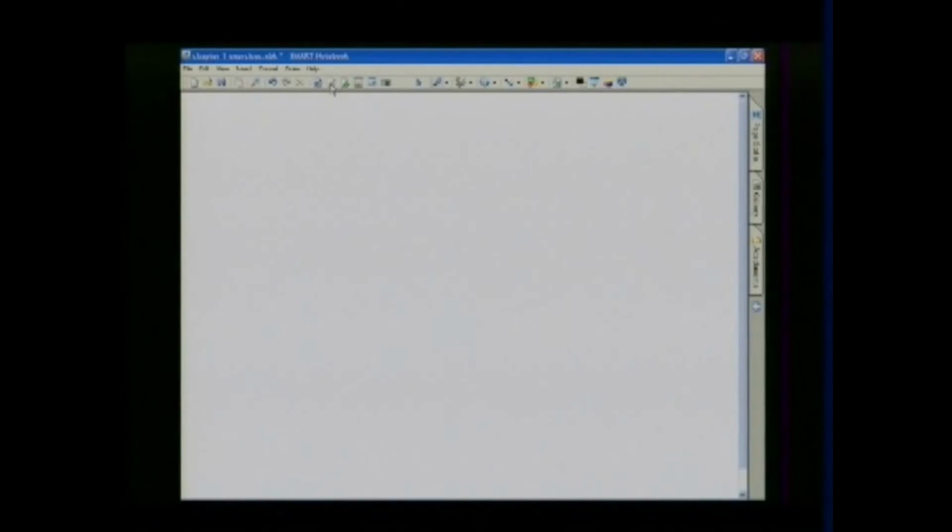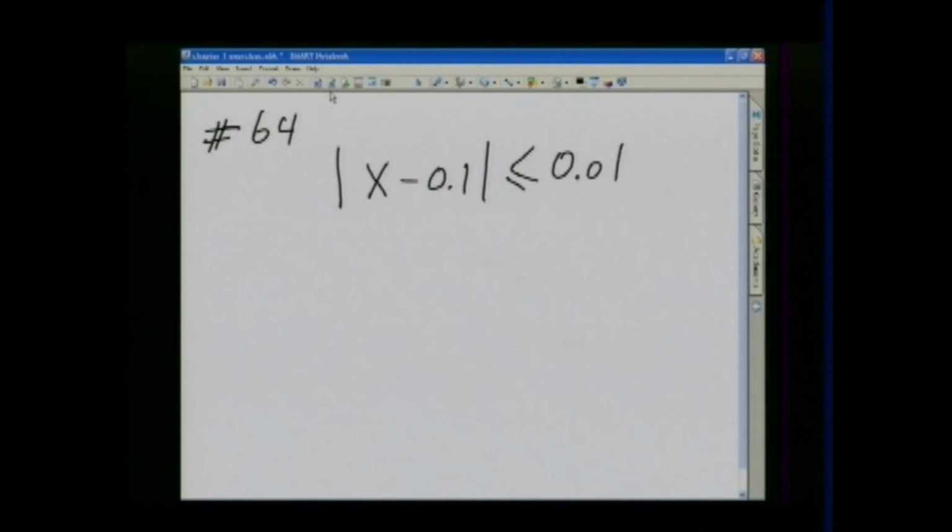Let me write this down. This is number 64. The inequality is absolute value of X minus 0.1 less than or equal to 0.01. What is the smallest diameter a ball bearing in the batch can have, and what is the largest?